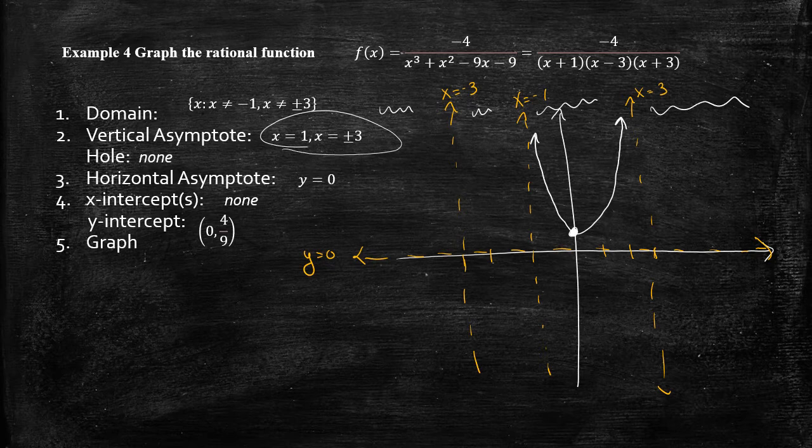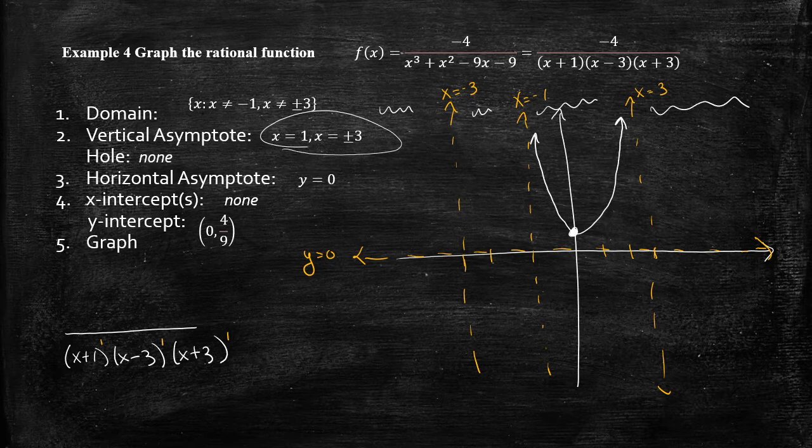If you remember, I said if in the denominator, so let's just look at x plus 1. This is to the first power, as is x minus 3 and x plus 3. If these are only to the first power, then the function has to go to opposite infinities.